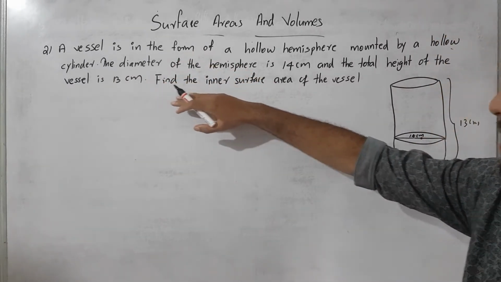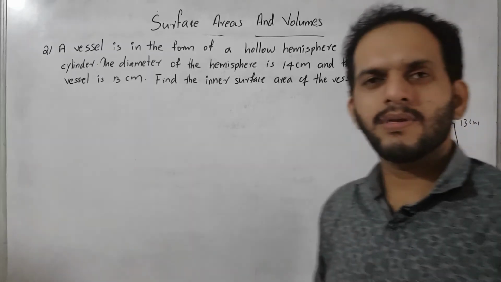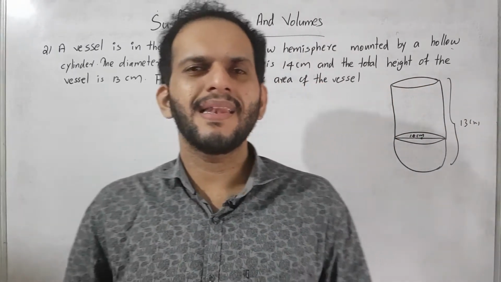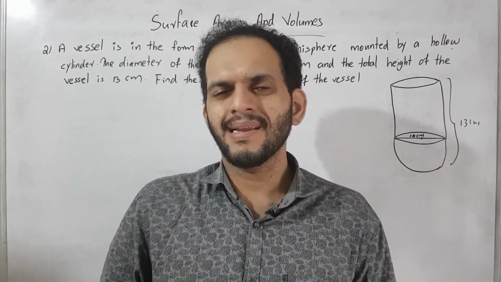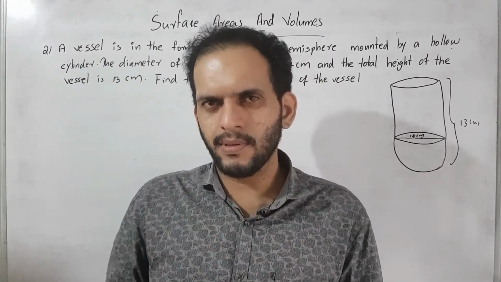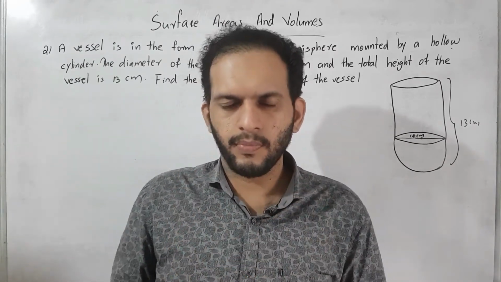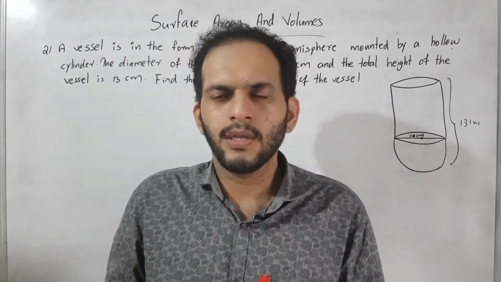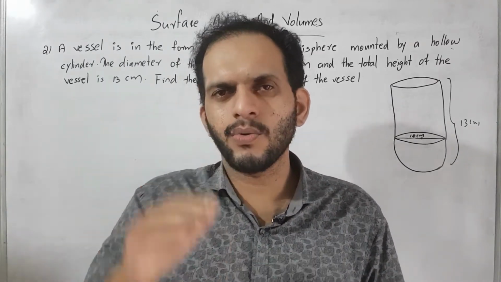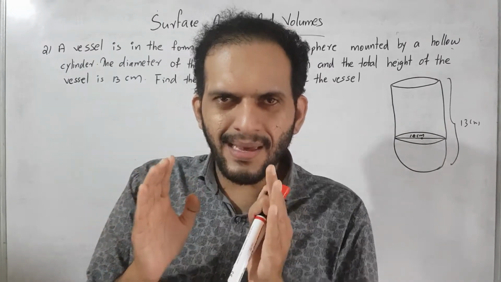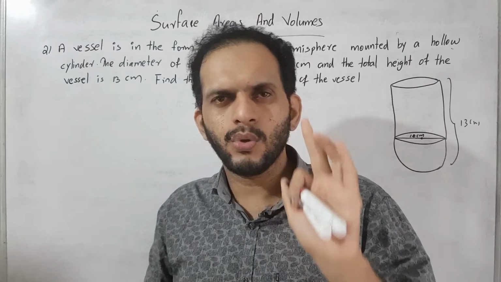The question asks to find the inner surface area of the vessel. Before solving, we should analyze what the question asks. It asks for the inner surface area, that is, the surface area of the vessel. We make a vessel here by joining two solid shapes.